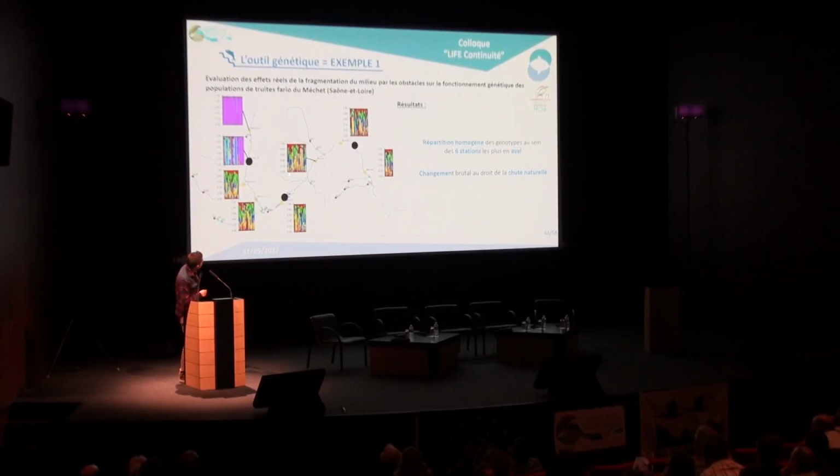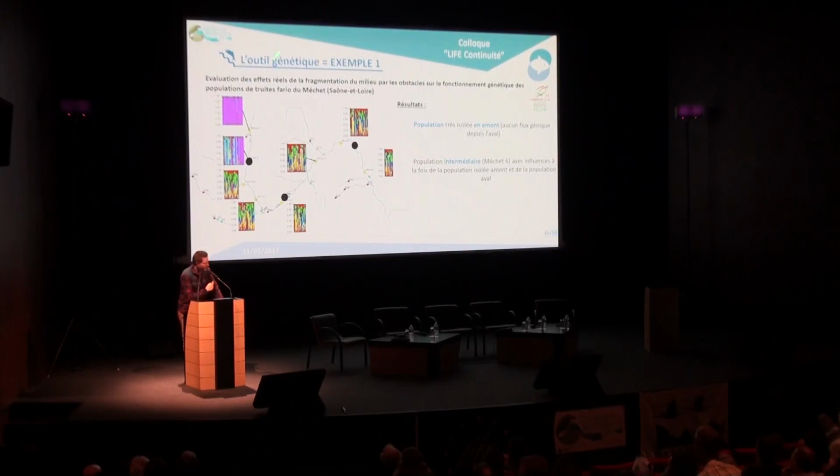Here on the graphs, on the x-axis, each line is a trout, and the more colorful it is, the more genetic diversity you have. So what we can see with these results is that we have more genes in downstream.